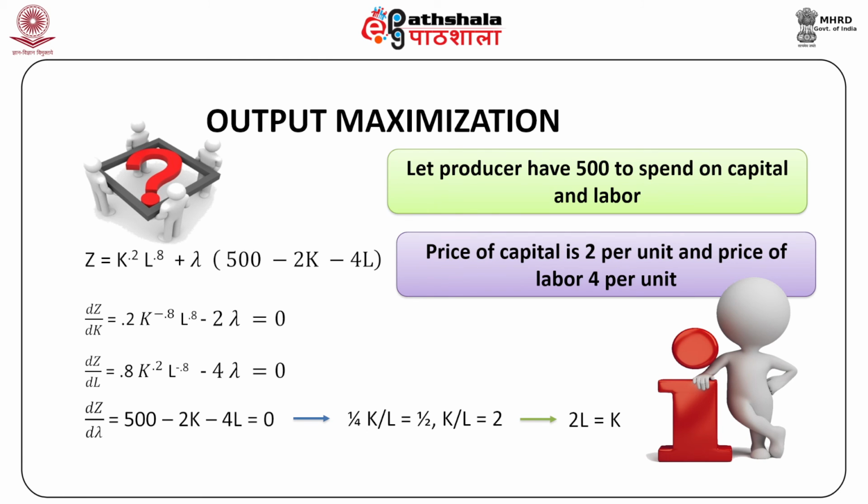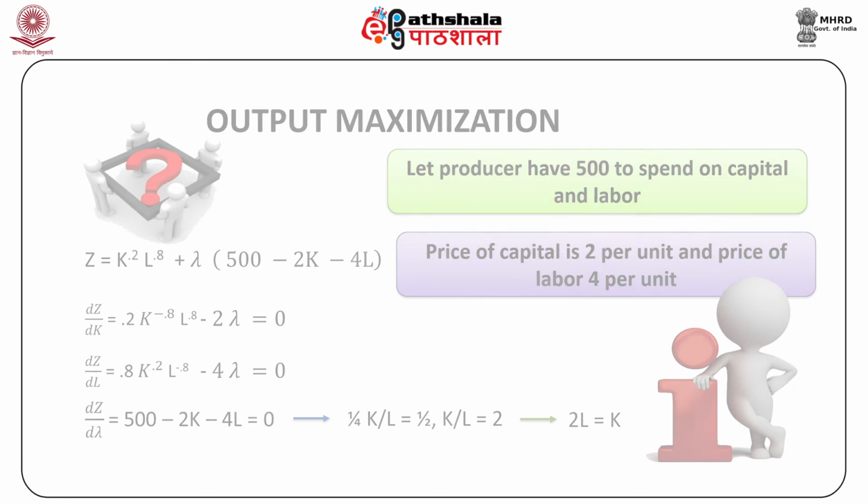Dividing equation 3 by 4 and substituting in 5, we get 1/4 K/L = 1/2, so K/L = 2. That is, in order to maximize output, labor and capital should be used in the ratio K = 2L.